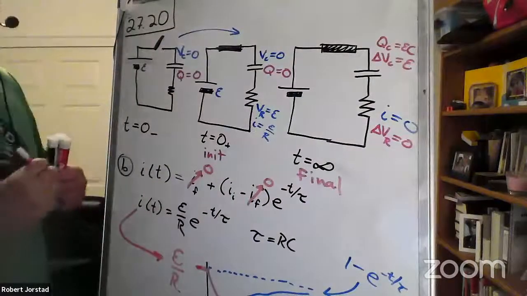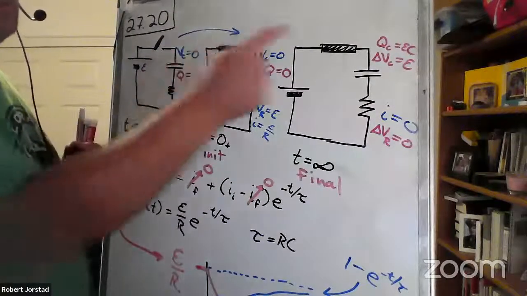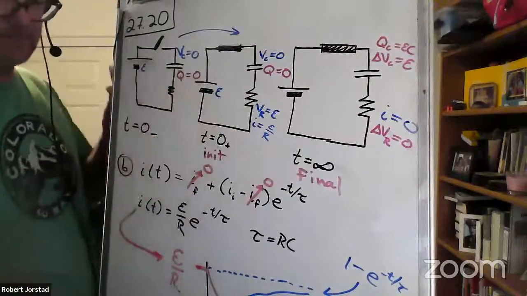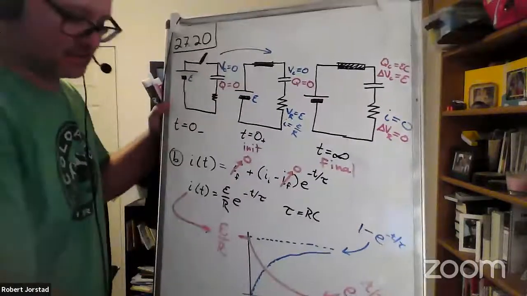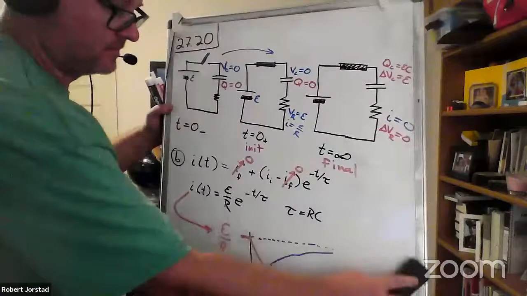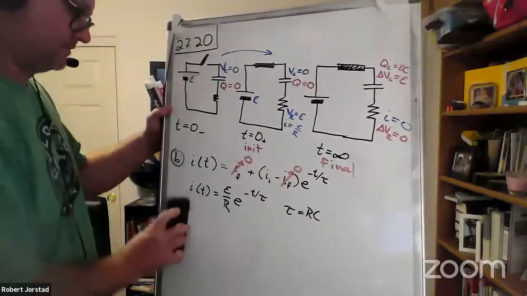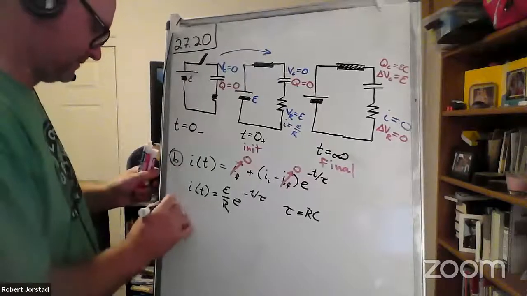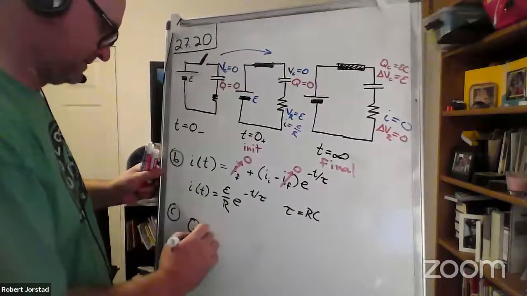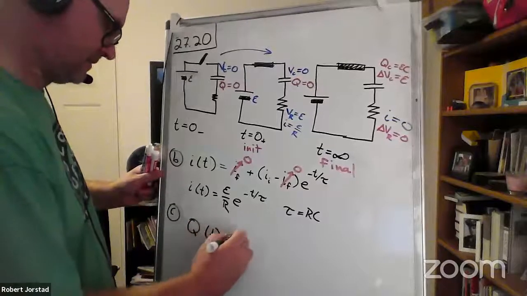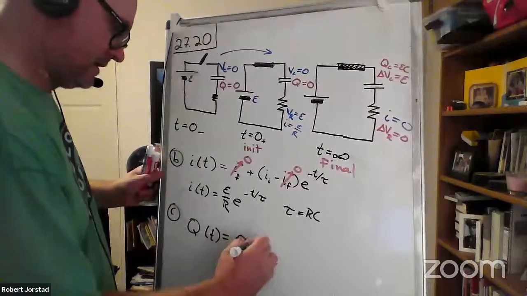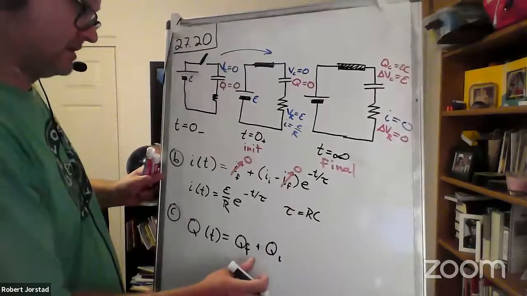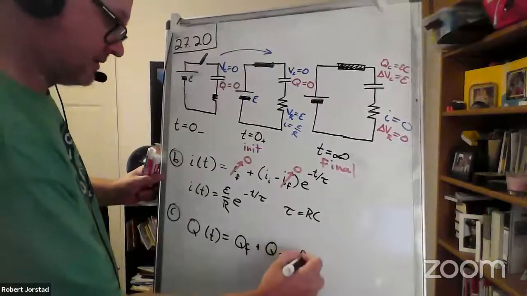All right. Now I know Q final, Q initial. I could write the equation. So going back to here, Q initial minus Q final.